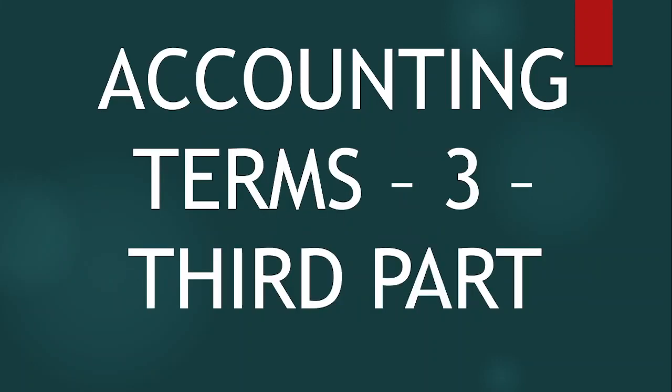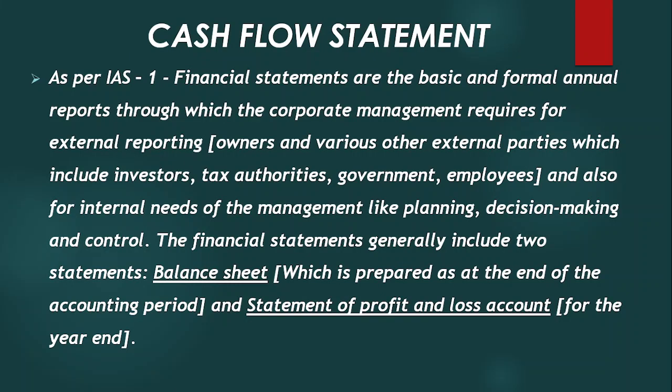Accounting terms 3, the third part of the series. Cash flow statement. As per IAS 1, financial statements are the basic and formal annual reports through which the corporate management reports externally to owners and various other external parties, which include investors, tax authorities, government, employees, and also for the internal needs of the management like planning, decision making and control.